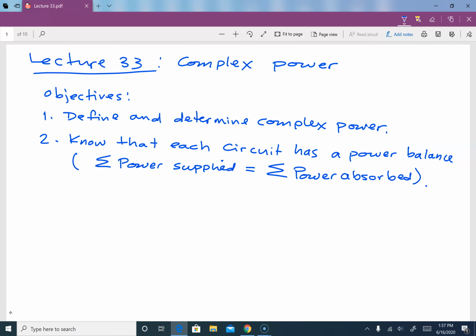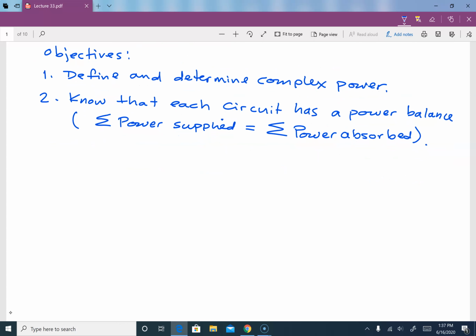As in DC circuits, however, we have to deal with the circuit as in AC. So we will start with complex power.